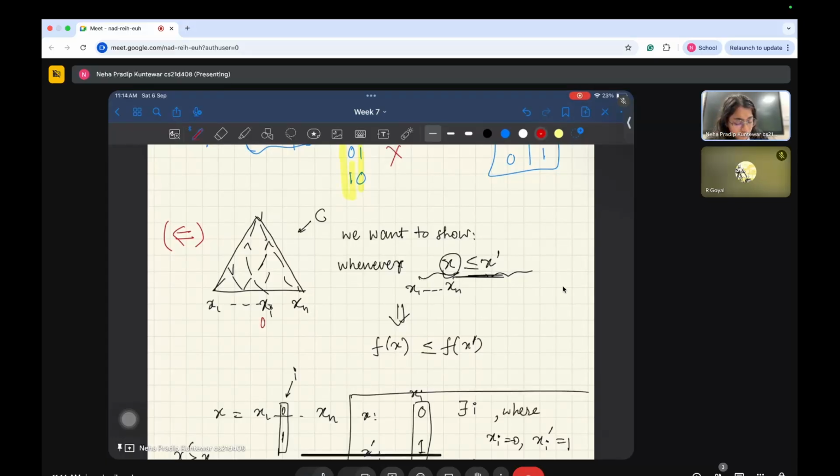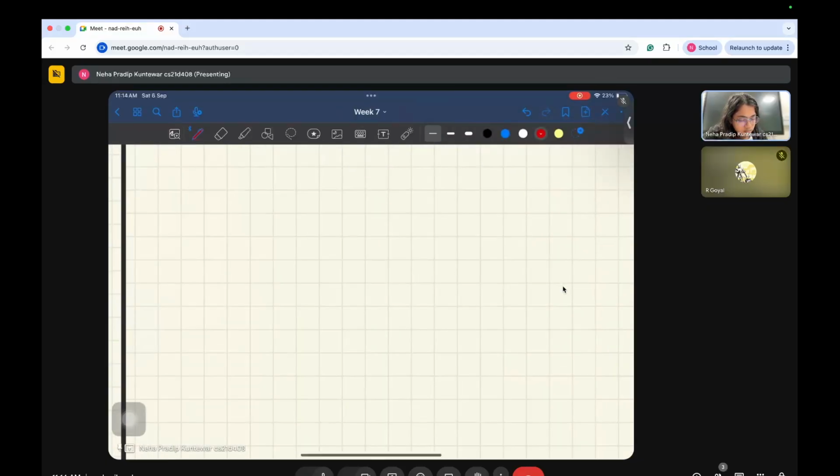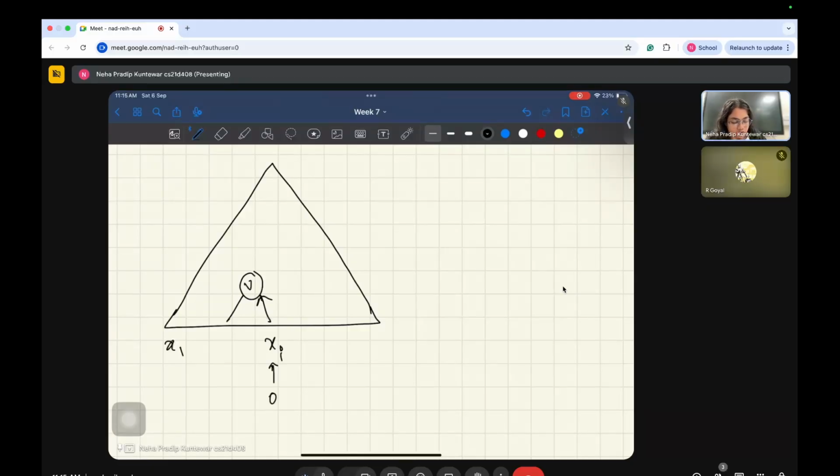And now it became a 1. Let's say it is feeding into an OR gate for now.